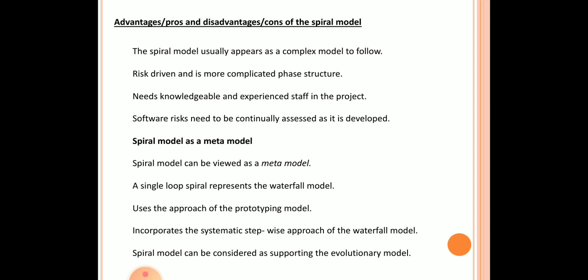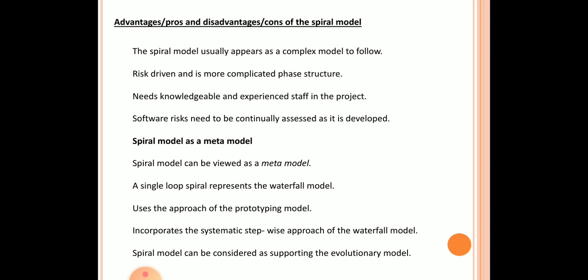But for certain categories of projects, the advantages of the spiral model can be much greater than its disadvantages. For projects having many unknown risks that might show up as the development proceeds, the spiral model would be the most appropriate development model to follow.